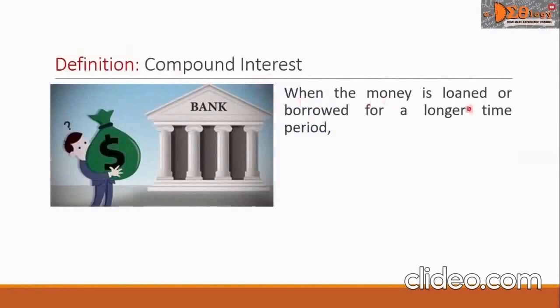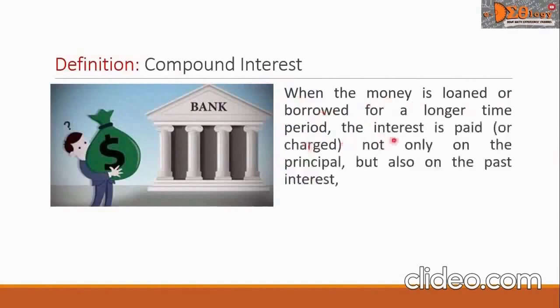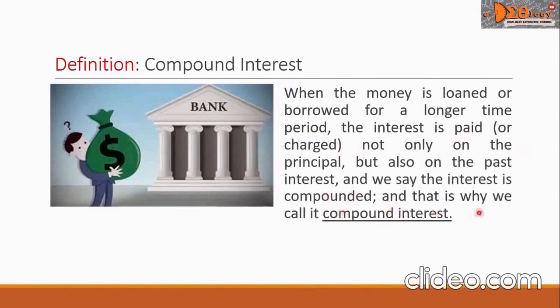When money is loaned or borrowed for a longer time period, the interest is paid or charged not only on the principal but also on the past interest. And we say the interest is compounded. And that is why we call it compound interest.